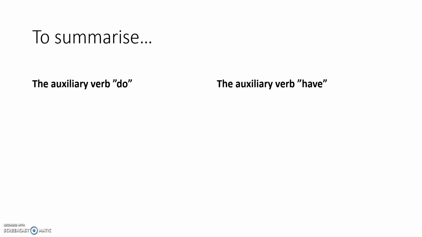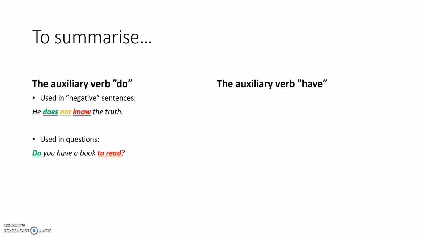To summarize, the auxiliary verb do is used in negative sentences, like he does not know the truth. Here the yellow word is a negative word. It shows that the sentence carries negation. It means that this is a negative sentence.